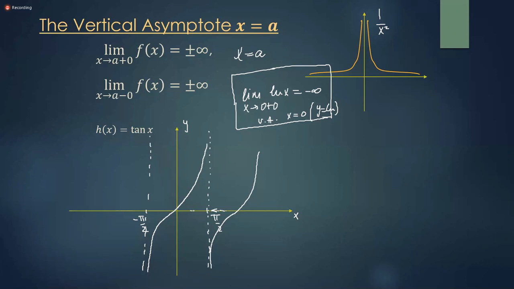If we approach this very same value of x from the left, then the limit is plus infinity. So in either case, this vertical asymptote works for the period of the tangent function on the left, and it works for the period, for the piece on the right.